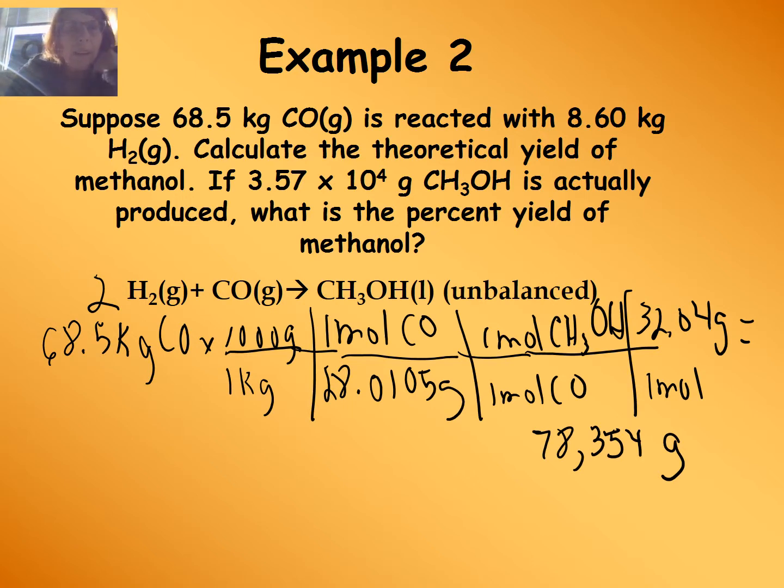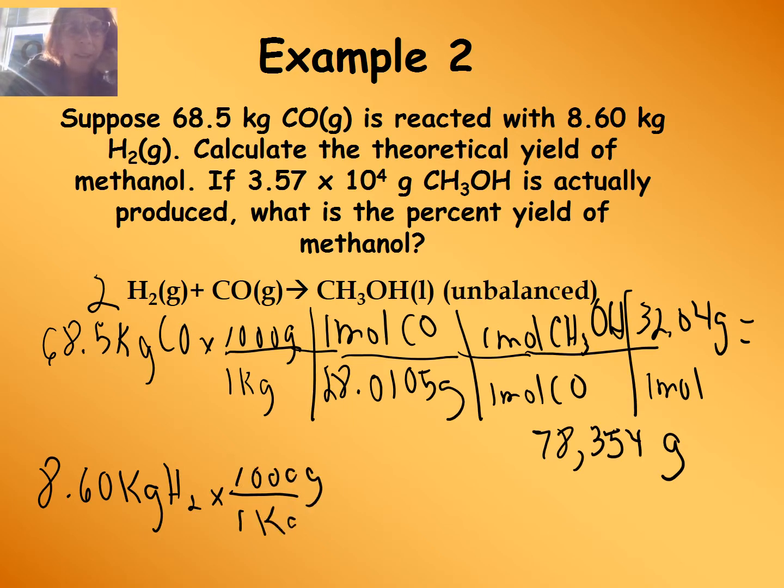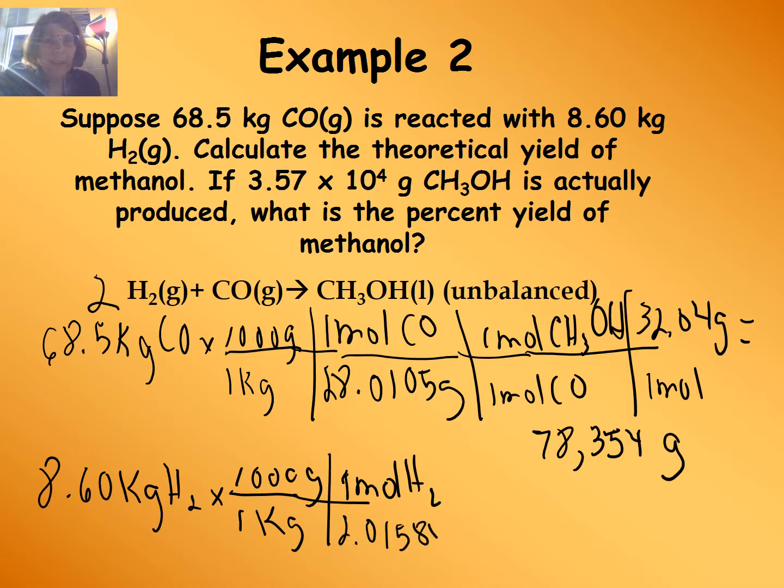Right, let's do the other one. So we got 8.60 kilograms of H2, 1,000 grams per 1 kilogram, 1 mole of H2. We have 2 times 1.00794, 2.01588 grams. And then we have 2 moles of H2 to 1 mole of CH3OH.